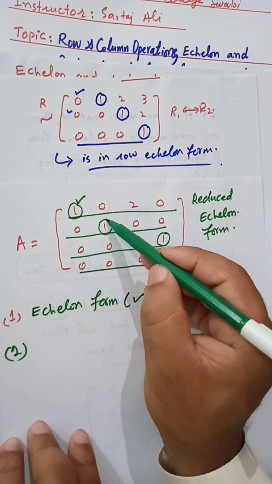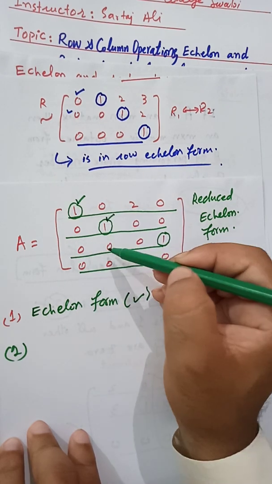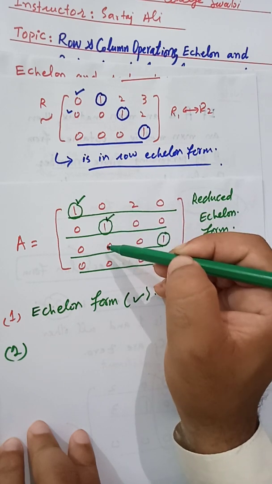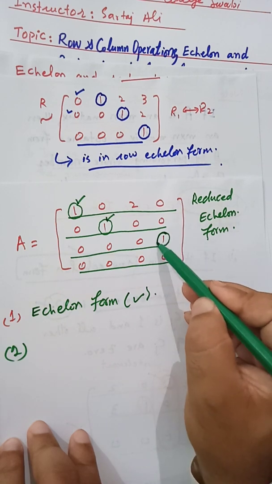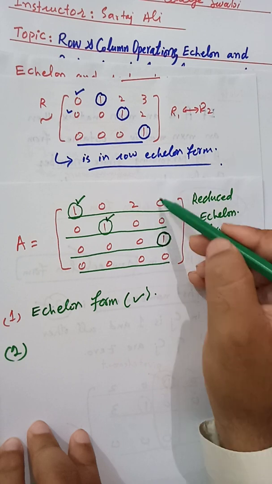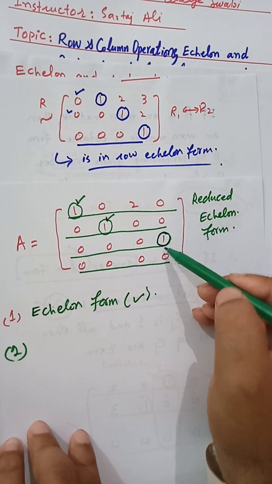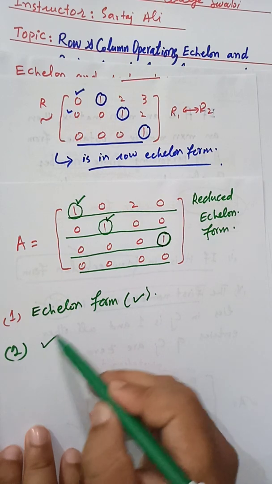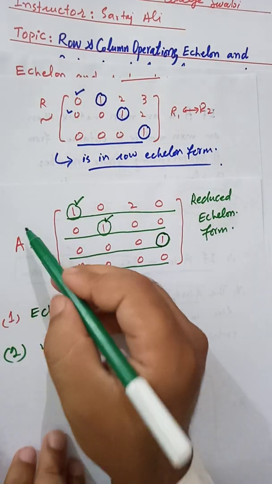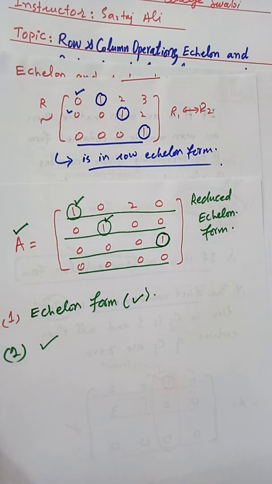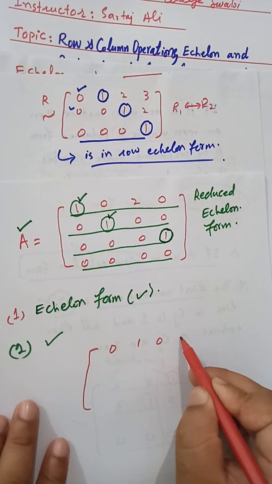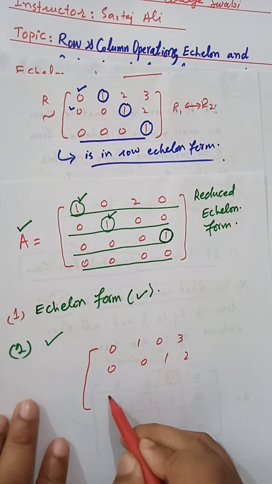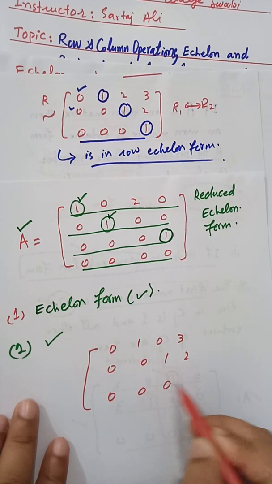In the second non-zero row, the first non-zero entry is 1, and the rest of the elements in that column are 0. Now move to the third non-zero row. The first non-zero entry is 1, and the rest of the elements in that column are 0. So this matrix also satisfies condition 2 for the reduced echelon form, and this matrix is in the reduced echelon form. Now if I consider another matrix: 0 1 0 3, 0 0 1 2, 0 0 0 4.